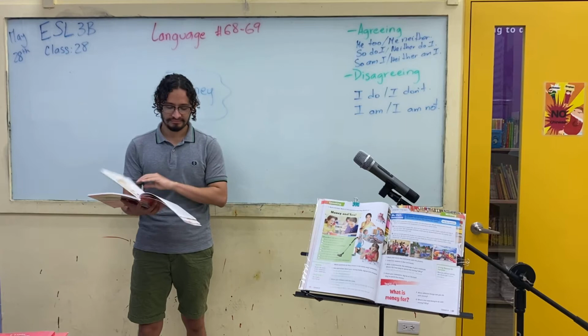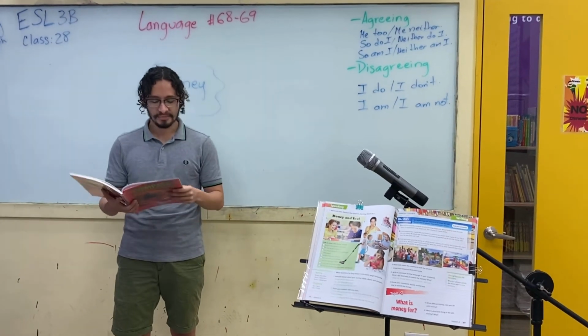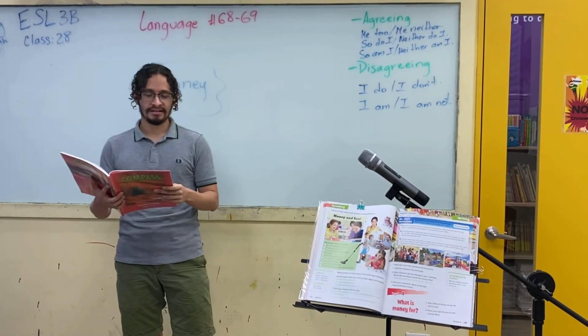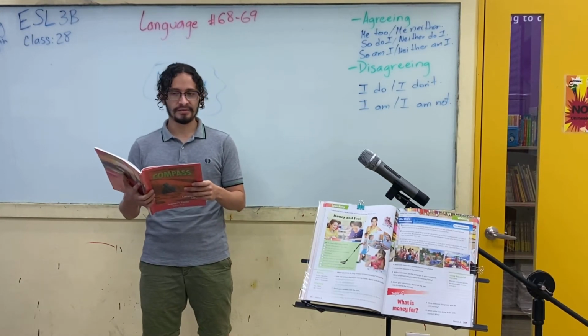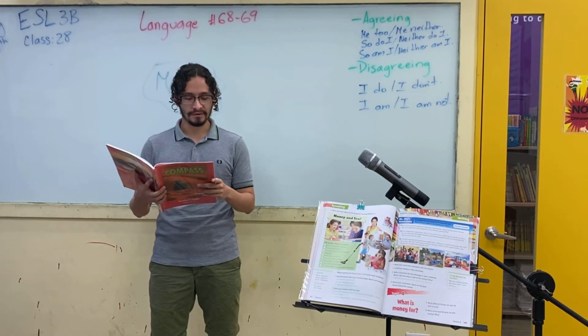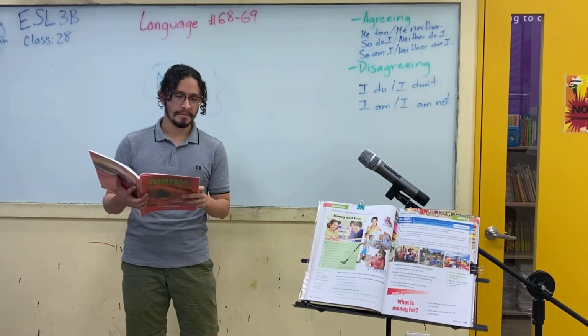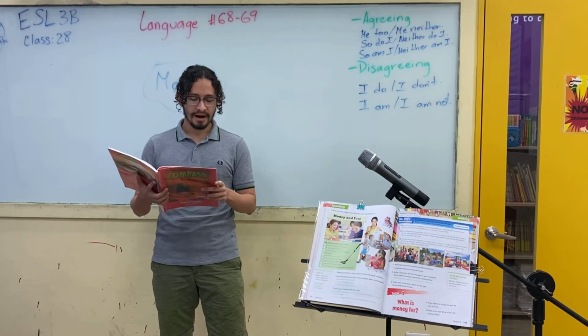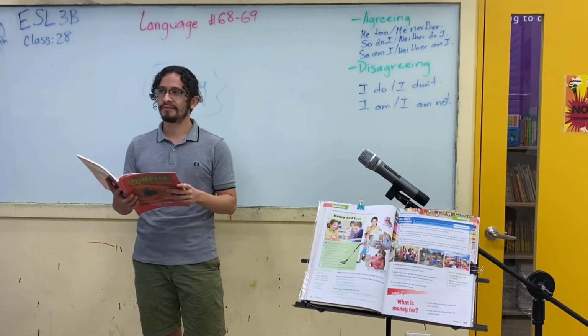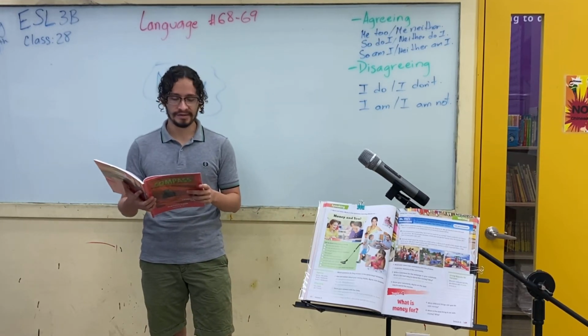Number six is borrow. So I want to borrow some money. Can you borrow me some money? Number seven, buy. So, for example, I want to buy a house.